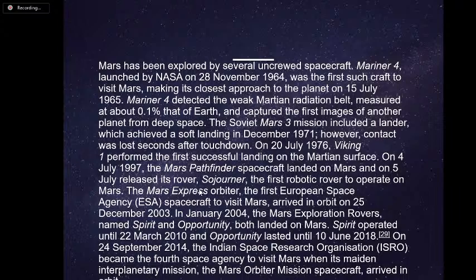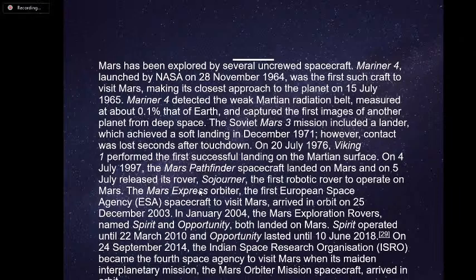The Soviet Mars 3 mission included a lander which achieved a soft landing in December 1971. However, contact was lost seconds after touchdown. On 20 July 1976, Viking 1 performed the first successful landing on the Martian surface.